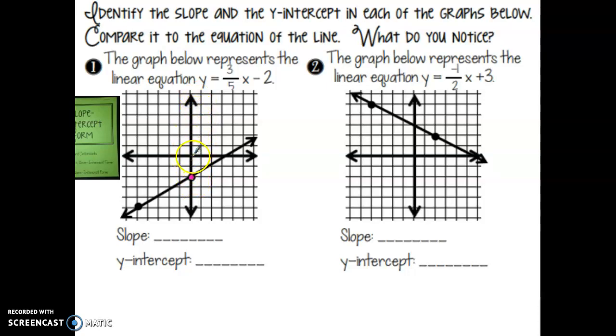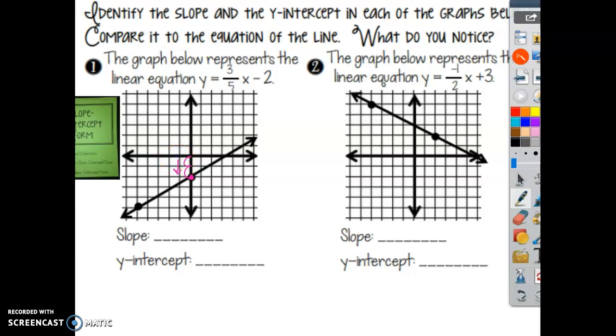It falls 2 units below our origin. If we're going below or down from the origin, would that be a positive or a negative movement? That would be a negative movement, right? So we have this point right here, which falls at -2.